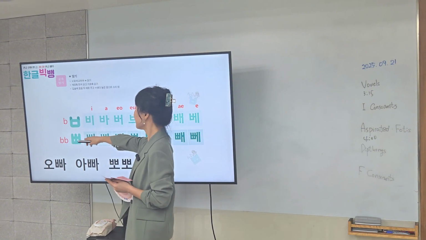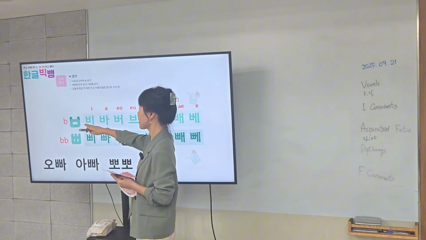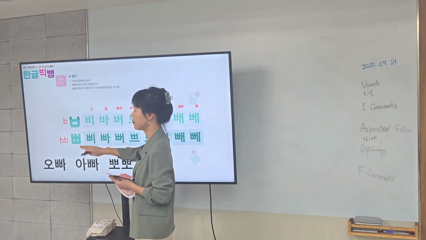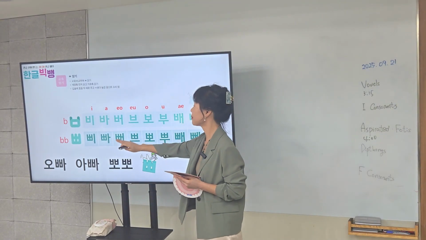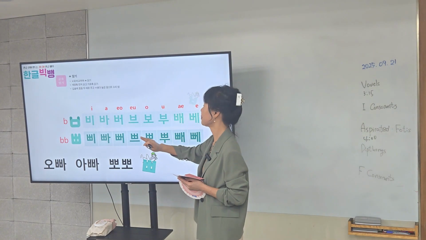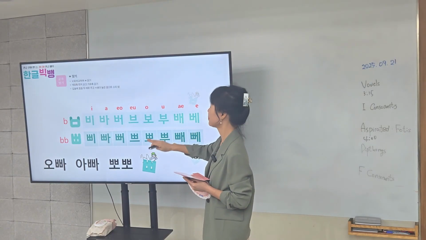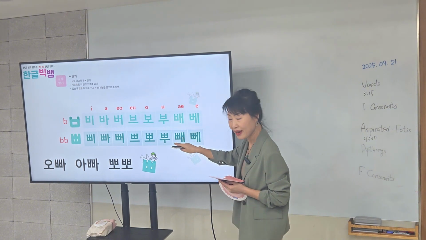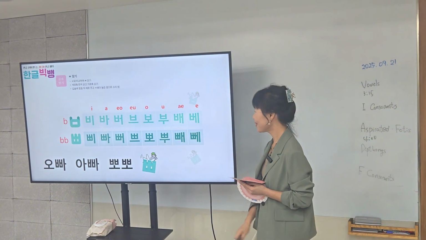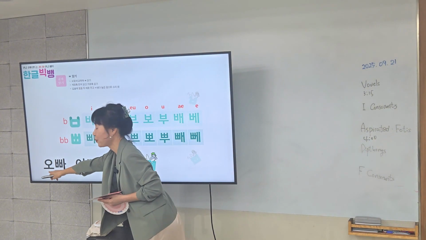And p. So, 비, 바, 부, 배. Okay. Okay, so can you read this word?